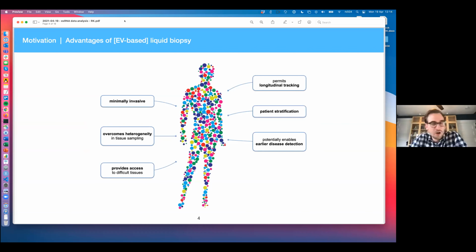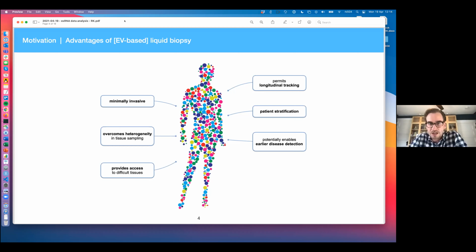So, prime example is sampling tumor material from the prostate is very difficult and extremely invasive, and leads to its own set of complications that you can potentially get around by looking at markers in the urine, for example. Because it's easy to do, and especially using RNA, these assays are cheap.